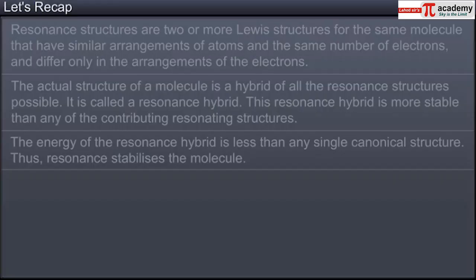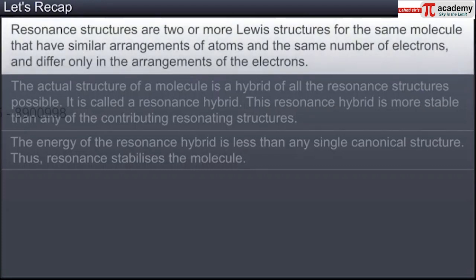You have now reached the end of this module. In this module, you learnt that resonance structures are two or more Lewis structures for the same molecule that have similar arrangements of atoms and the same number of electrons, and differ only in the arrangements of the electrons.